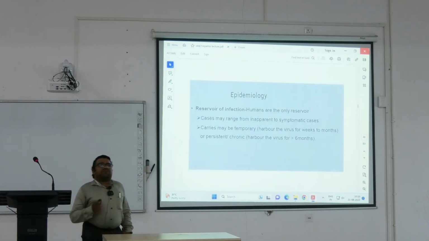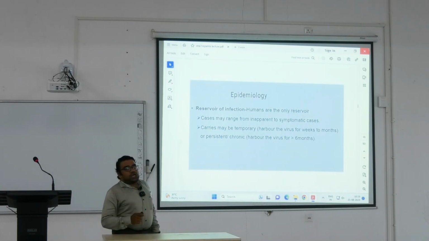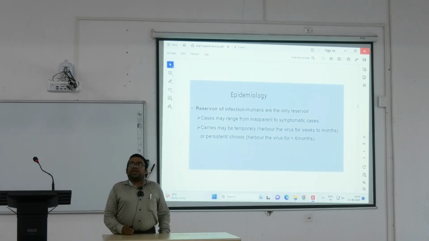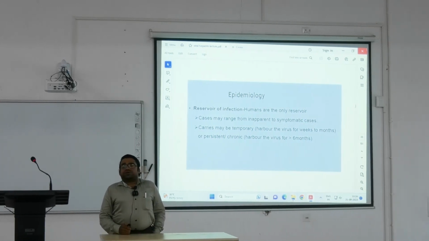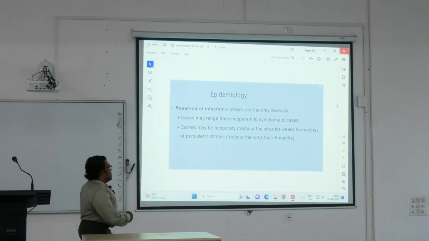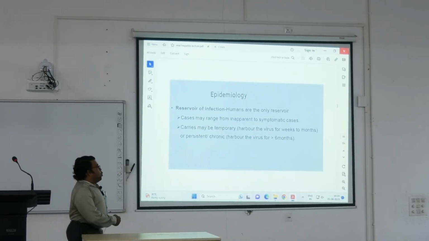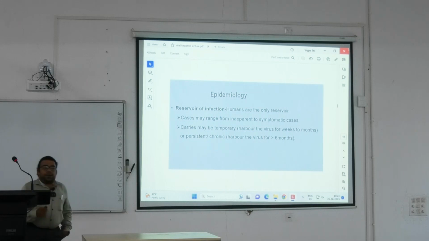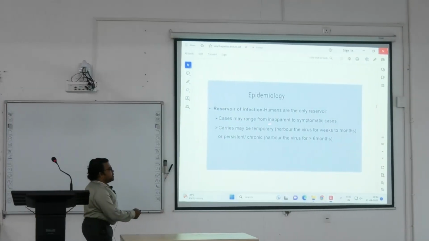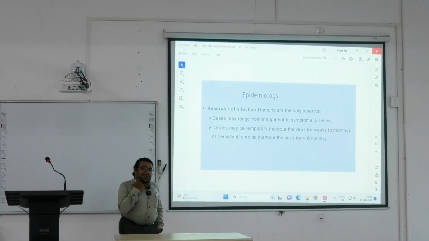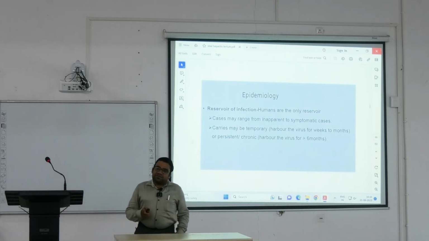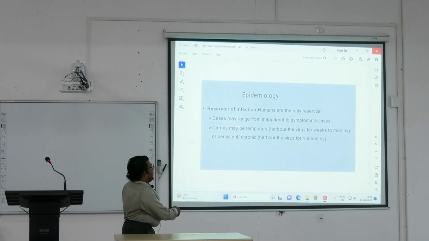The reservoir of the virus is humans only. So there is a possibility of reducing the transmission and prevention of infection if we can reduce the reservoir of infection, that is human beings. Now, who are the reservoir? People with active infection, that is inapparent to symptomatic, that is active infection, or people who are carriers.